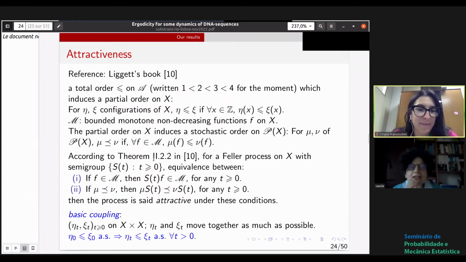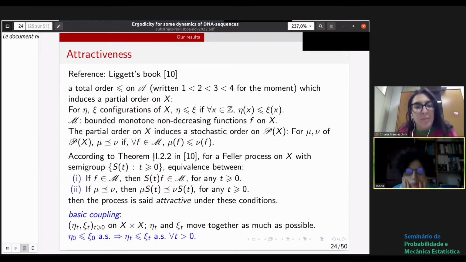Okay. So attractiveness first, let me just remind things that everyone knows. If we have a total order on our set of values, we write it 1, 2, 3, 4 for the moment. It induces a partial order on the state space, which is the coordinate-wise order. And then if we consider the non-decreasing functions M, this partial order on X induces a stochastic order on the probability measures.